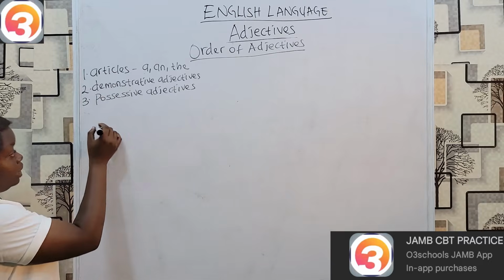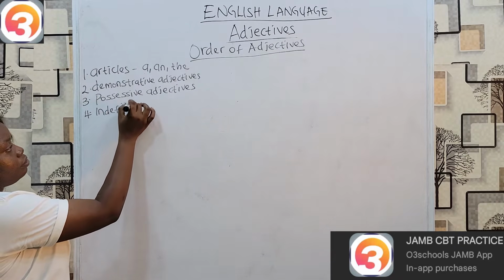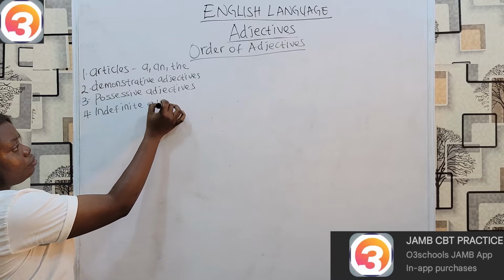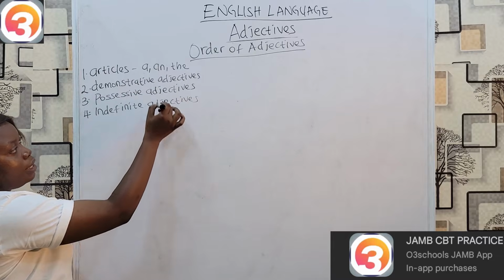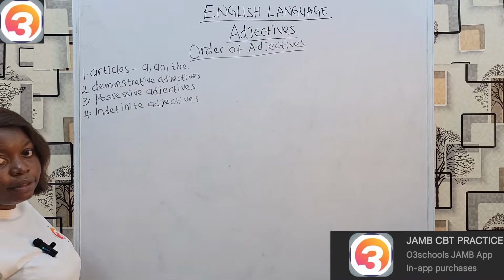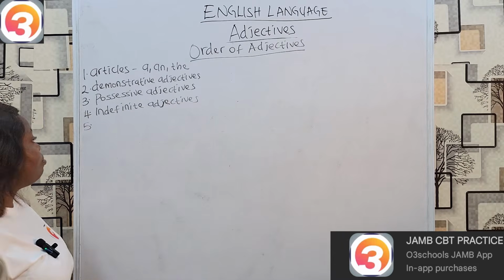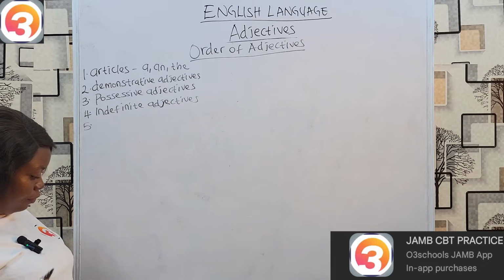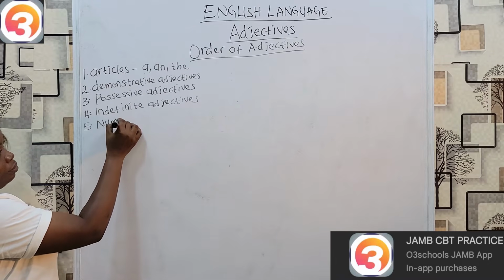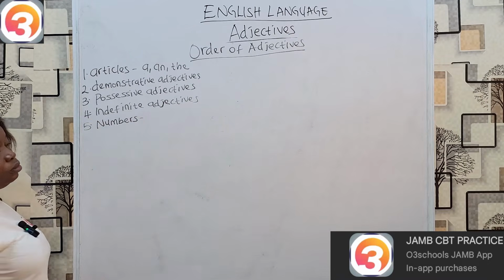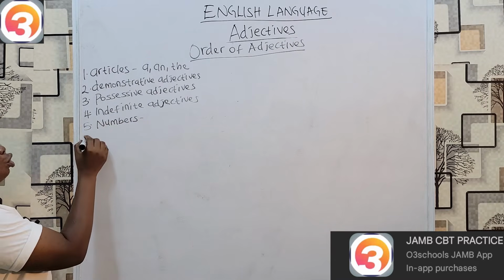Then we can have indefinite adjectives. That's some, many, any. Those are examples of indefinite adjectives that should come after. Then we have numbers. Two, fifth, fourth, four should come next.